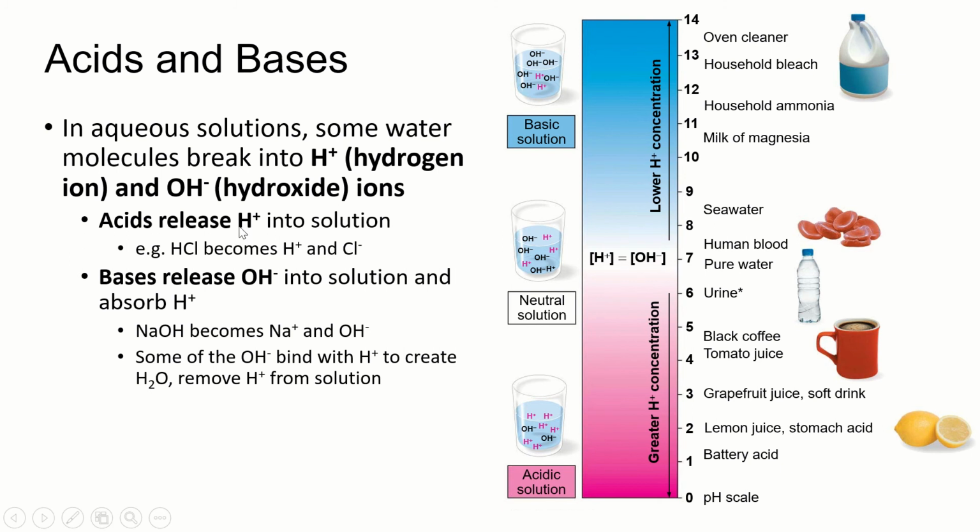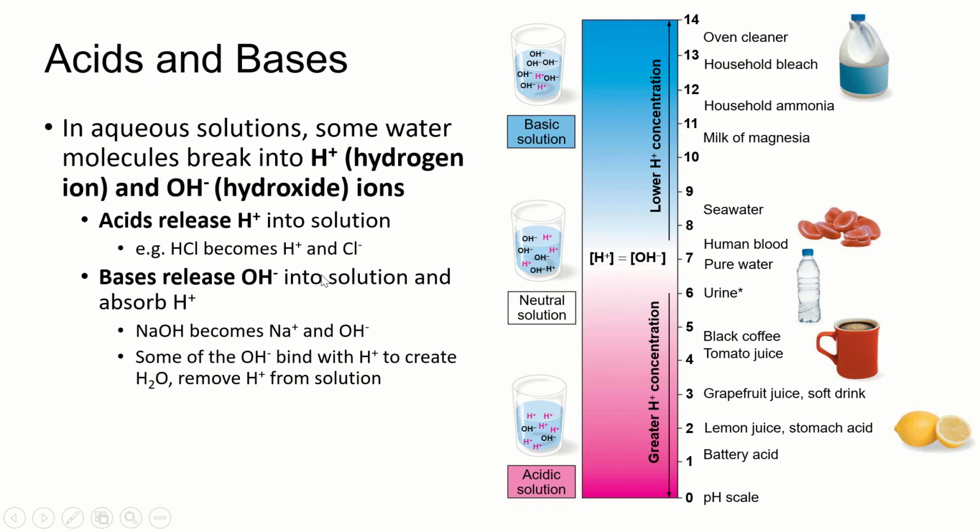Anything that releases extra hydrogen ions is an acid. So you've heard of hydrochloric acid. This is actually the acid that's present in your stomach. It dissolves into a hydrogen ion and a chloride ion. Because it produces extra hydrogen ions, it's an acid.